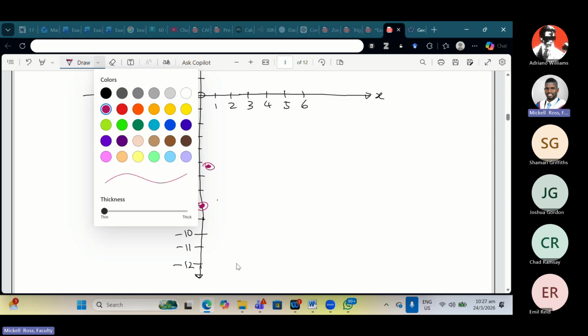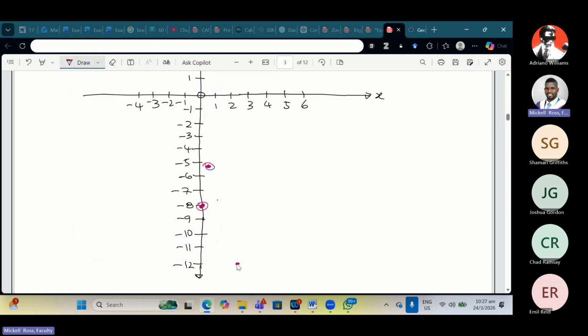So 2, negative 12 is going to get us all the way down here. So remember, we know that this one is a maximum and this one is a minimum.